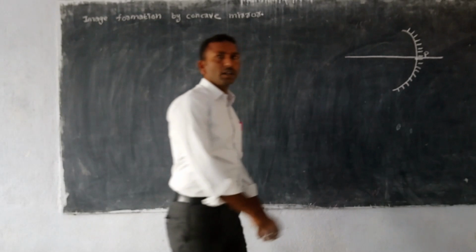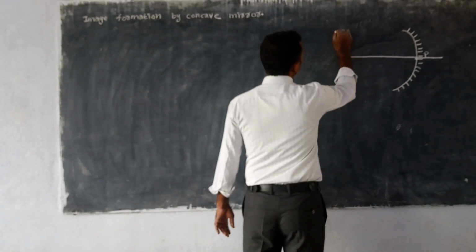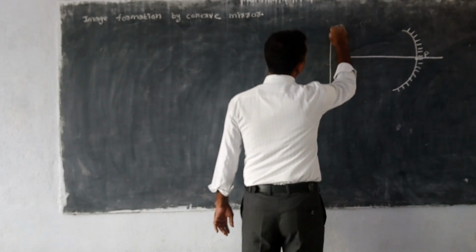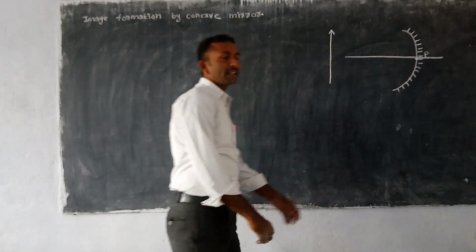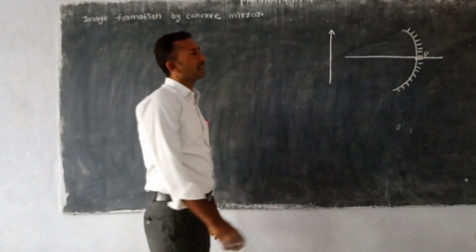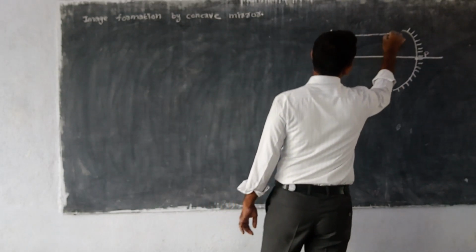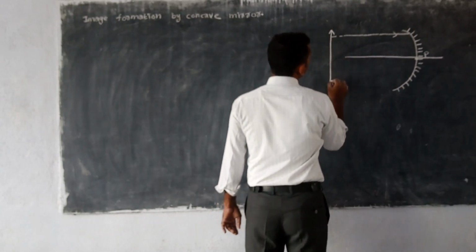We are keeping an object here at infinity distance. What light rays are we taking? Parallel light rays. The parallel light rays are coming from infinity towards the mirror surface.